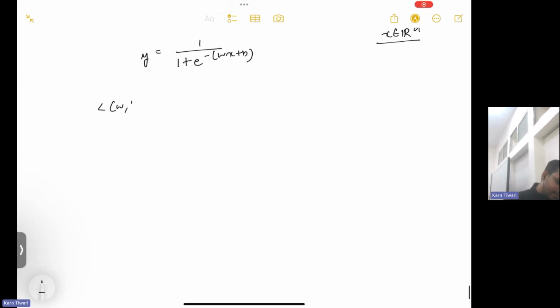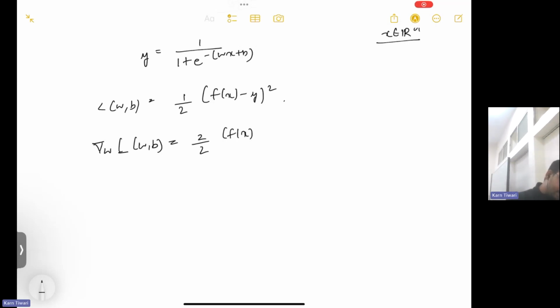Now our loss function is a function of L and P. We can write the square error loss for one data point only, which is easy: f of x minus y, squared. Now I want to calculate the gradient of this loss function with respect to w. Then I can rewrite it as 2 times f of x minus y times del w of f of x.